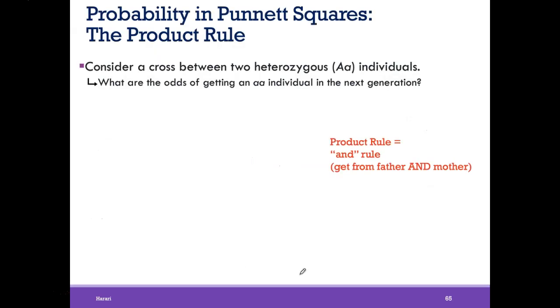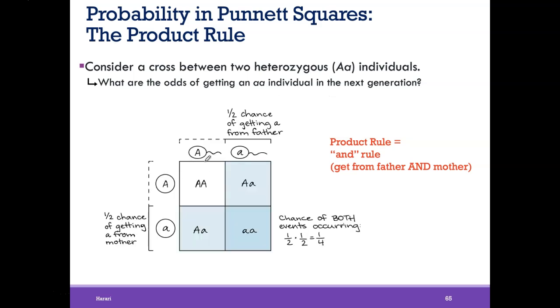So let's apply the product rule in a genetics problem. Suppose we have a cross between two heterozygous individuals. What are the odds of getting a little a individual in the next generation? You could draw a Punnett square, of course, big A, little a, big A, little a. If they're both heterozygous, there's a 50% chance of getting a little a from the father and a 50% chance of getting a little a from the mother.